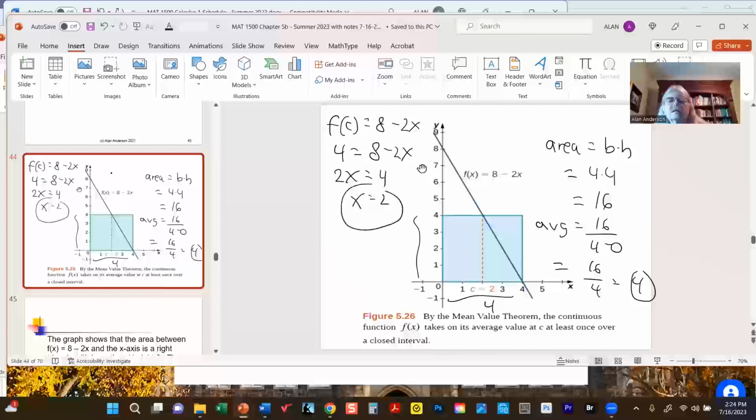So what this means then is that not only is the average value between 0 and 4 equal to 4, but the average is reached when x equals 2. And this is the simplest case to consider. Normally, it would be very difficult to see this even with a graph, but with a simple function like this, it's easier to see exactly what's happening here.